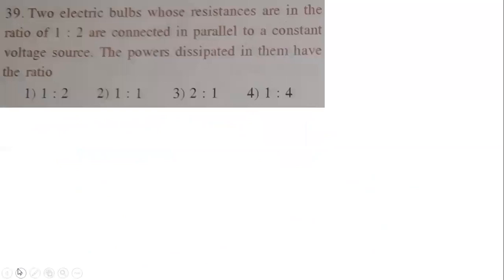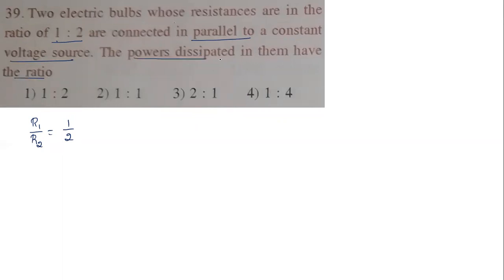Question number 39. Two electric bulbs whose resistances are in the ratio of 1:2, so I can say R1 by R2 equals 1/2, are connected in parallel combination to a constant voltage source. Then the power dissipated in them has the ratio.